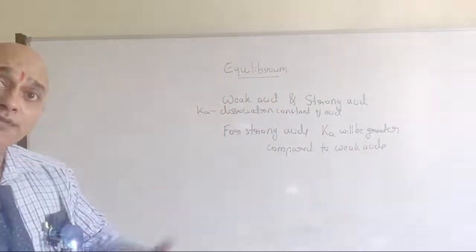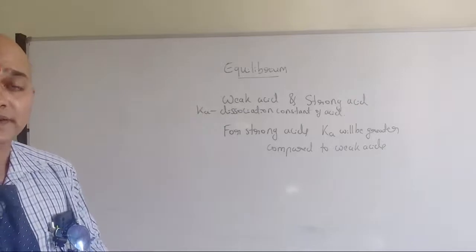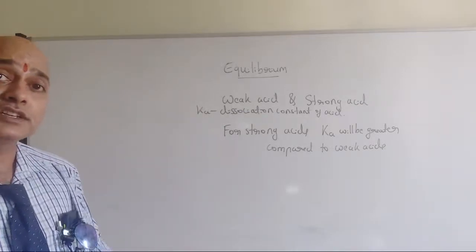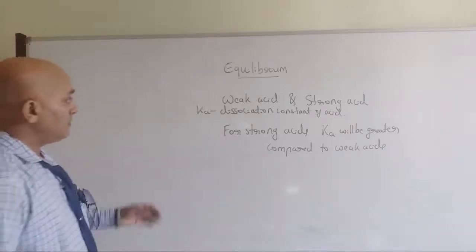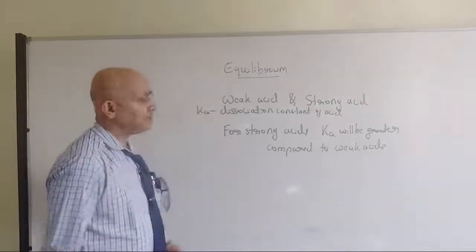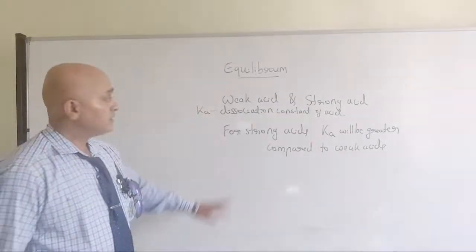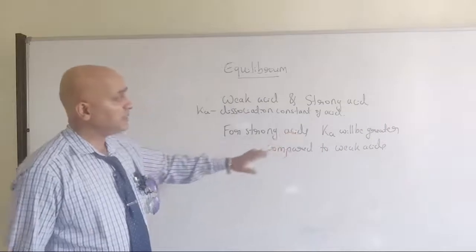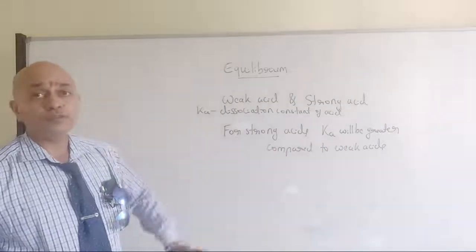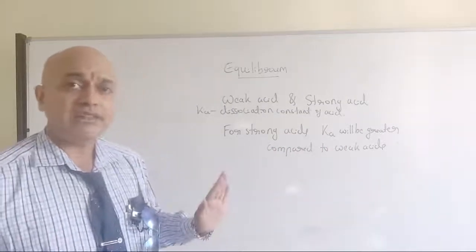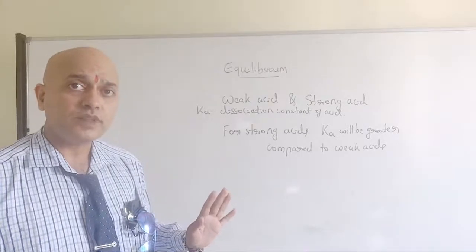Same way we can apply for bases, where Kb is the dissociation constant of the base. Instead of Ka, we write Kb. So for strong acid, Ka will be greater compared to weak acid. All of you will agree with me? Fine.